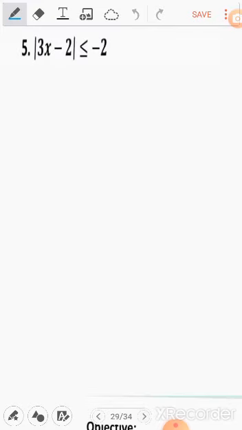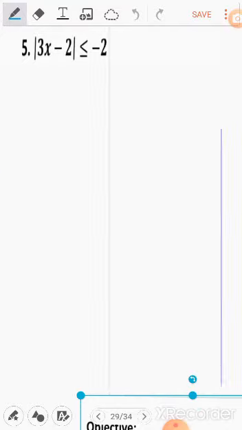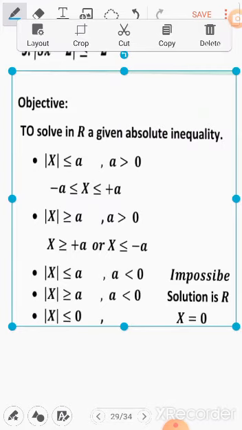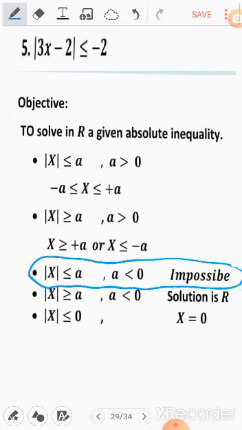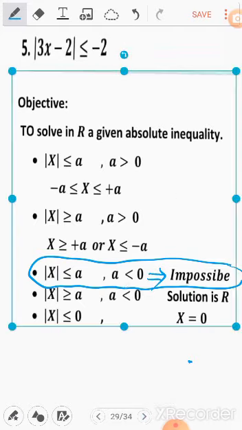The next, absolute 3x minus 2 is less than or equal to minus 2. This is on this formula: absolute x less than or equal to a, and a is negative. About this formula, the third one. The solution is impossible.